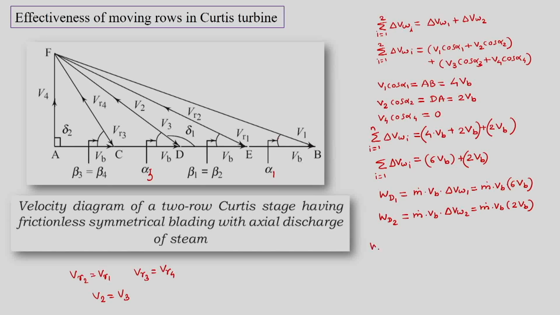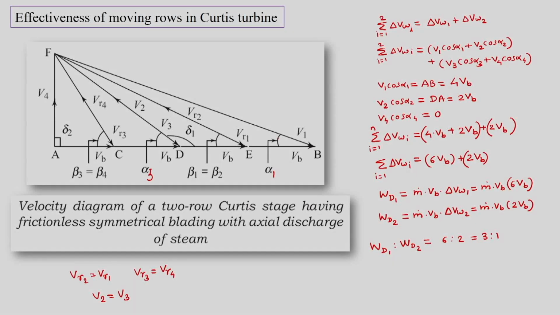Now if we take a ratio, then Wd1 is to Wd2 is equal to 6 is to 2, or 3 is to 1.